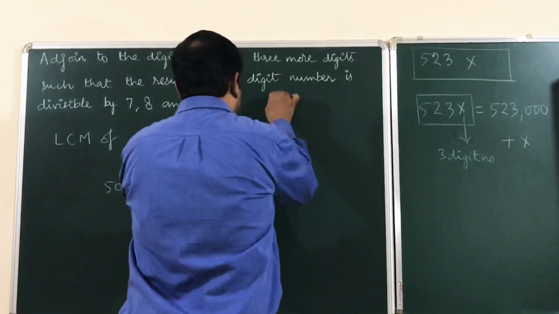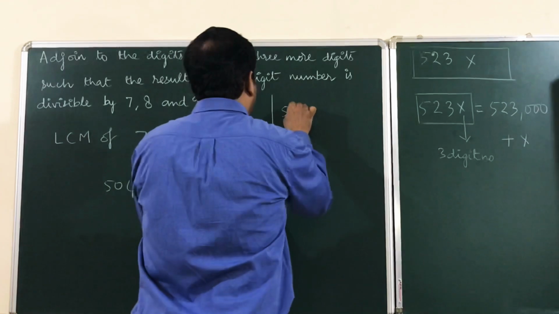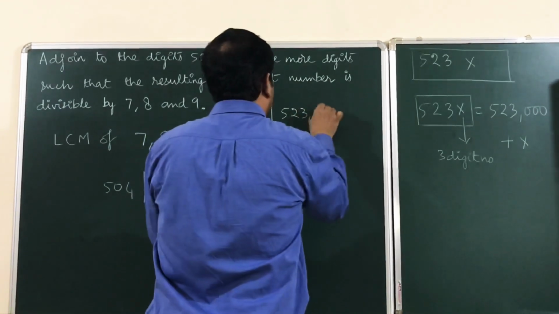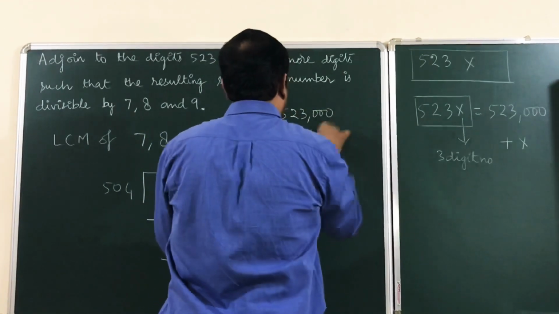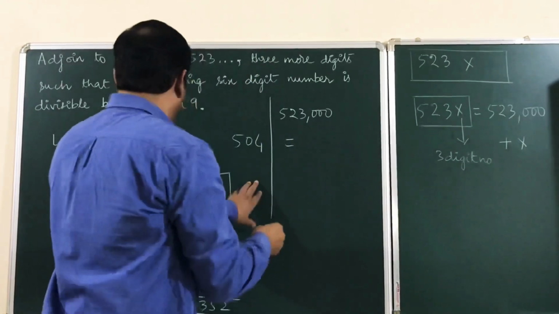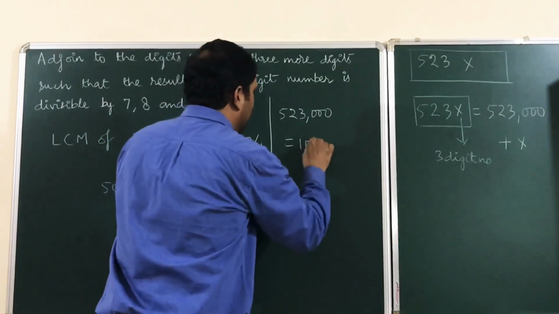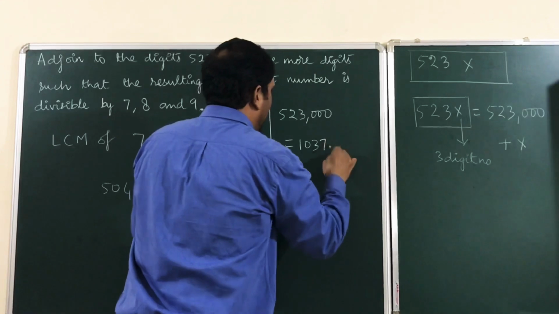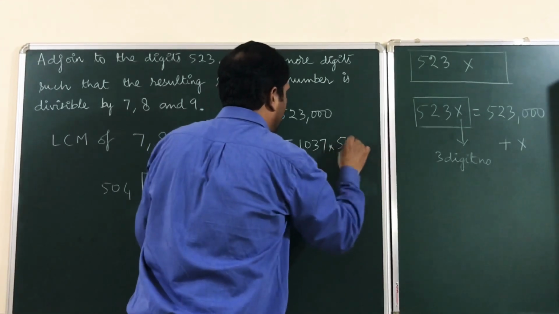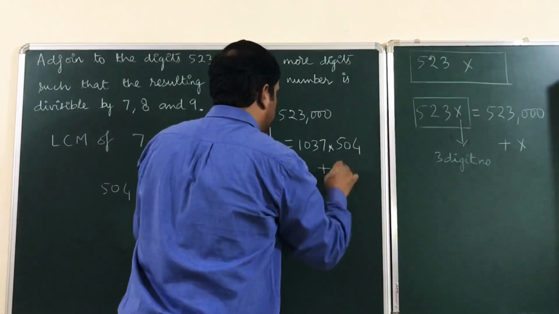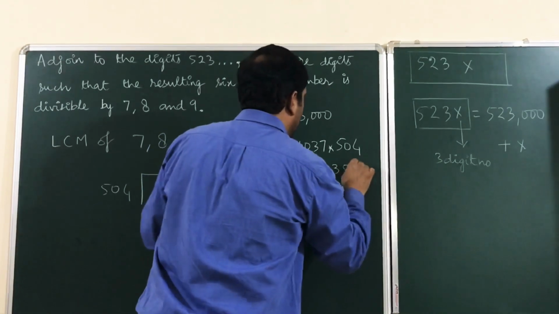So this I can write as 523000 is equal to 1037 into 504 plus 352.